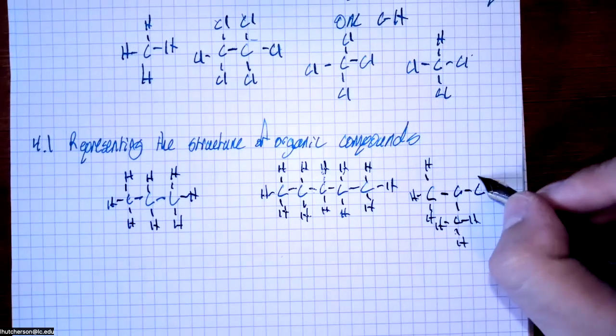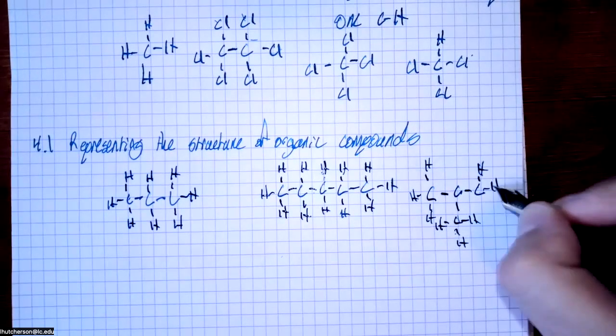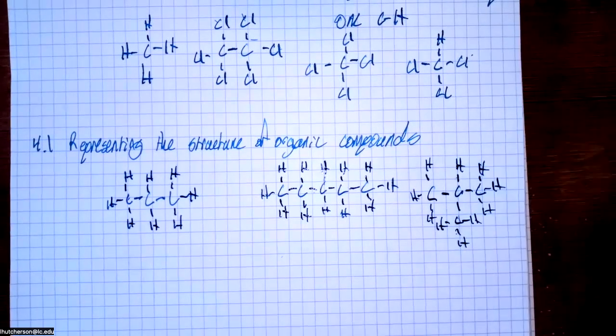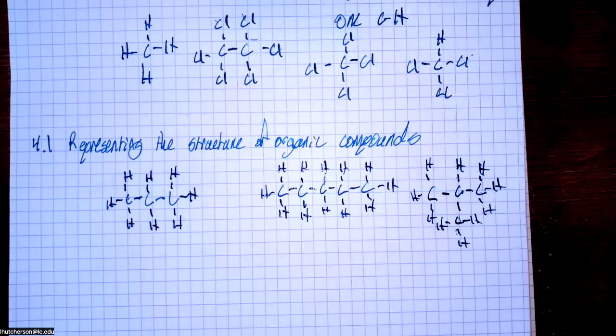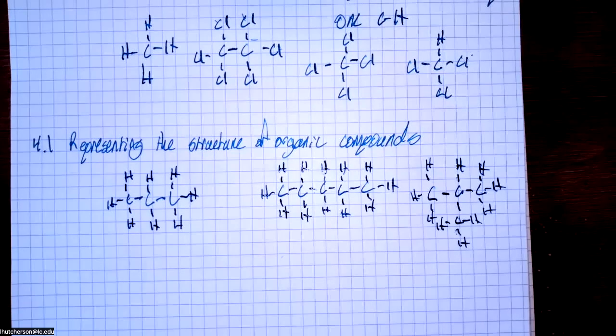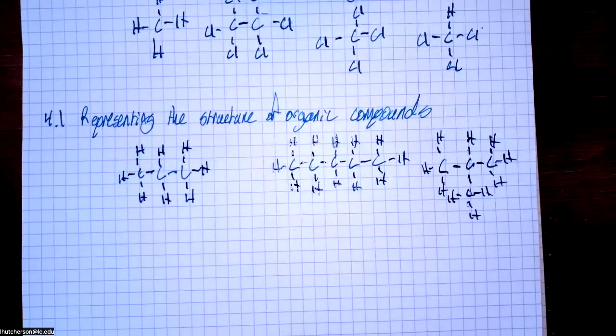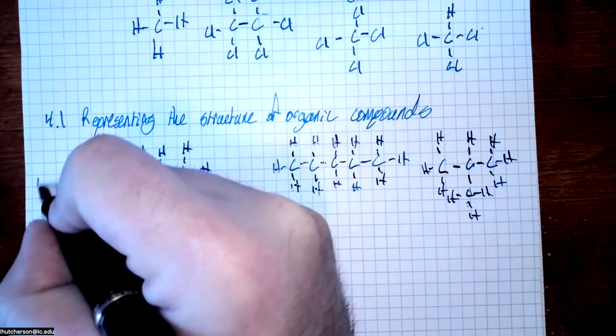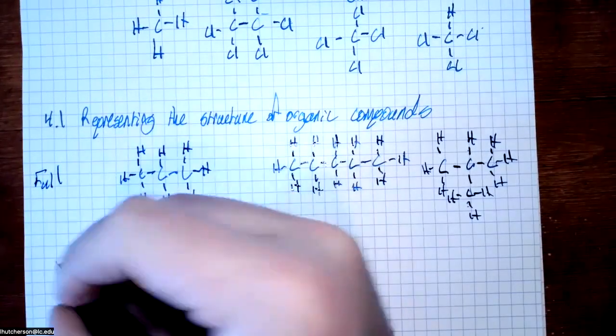This one, 1 bond, so 3 hydrogens. This one, 3 bonds, so 1 hydrogen. This gets really, really tedious to draw. So we have a couple simplified ways that we can draw these structures. First of these is what we call, this, by the way, is what we call a full structure.